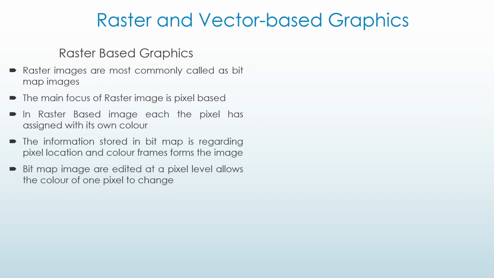Here, what is a raster based image then? Whatever things you do with the help of Adobe Photoshop, that becomes a raster image. The images are usually created and edited in a photo application or paint program such as Adobe Photoshop, and whatever you use, that becomes a pixel image.